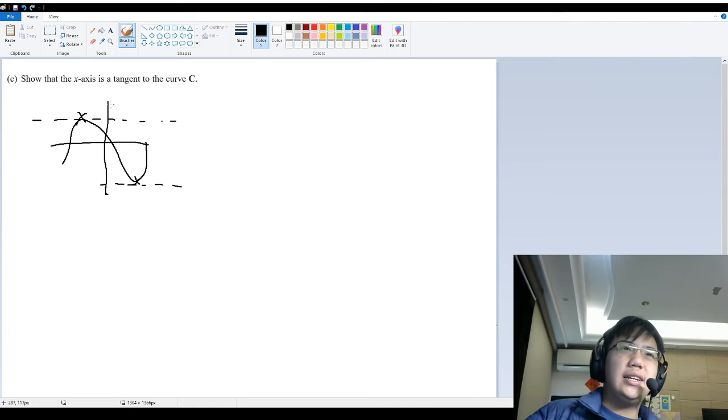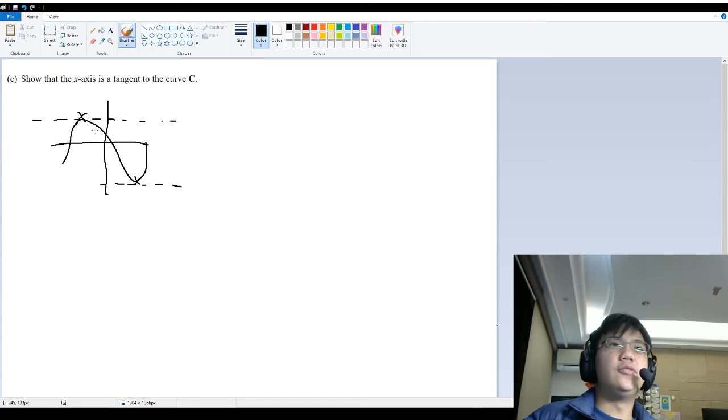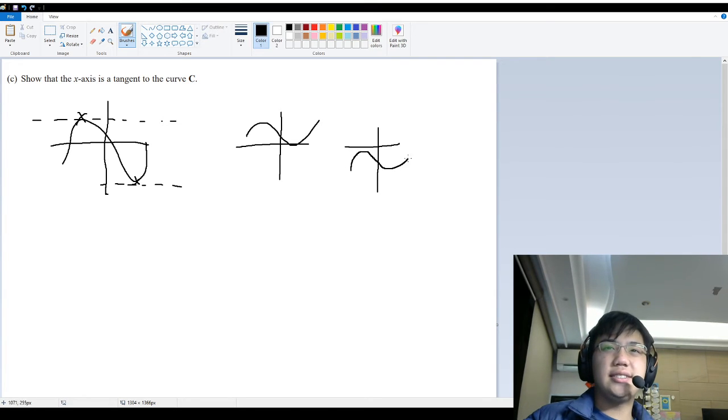Well, this question states that the x-axis would be the tangent at one of these points, or even both of these points. So we would have a curve of something like this, or something like this, with one of the points touching the x-axis at its turning point.